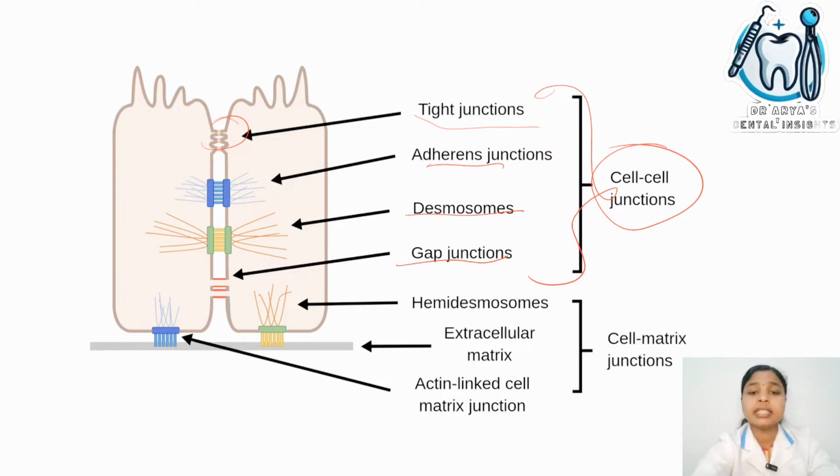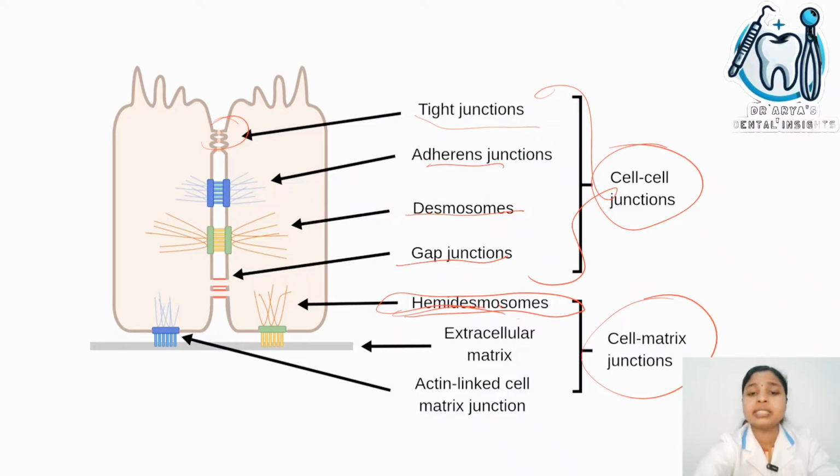And here hemidesmosomes is a cell matrix junction. Okay, and also the actin linked cell matrix junction and the extracellular matrix. So this is the extracellular matrix and these are the 2 cells. So cell to cell junctions are tight junction, adherence junction, desmosomes and gap junction.